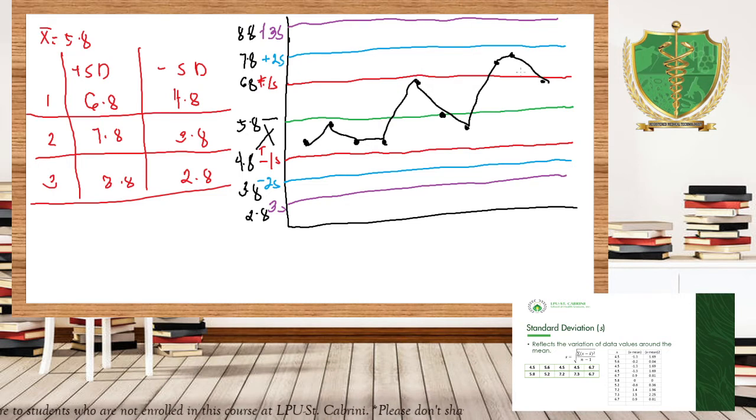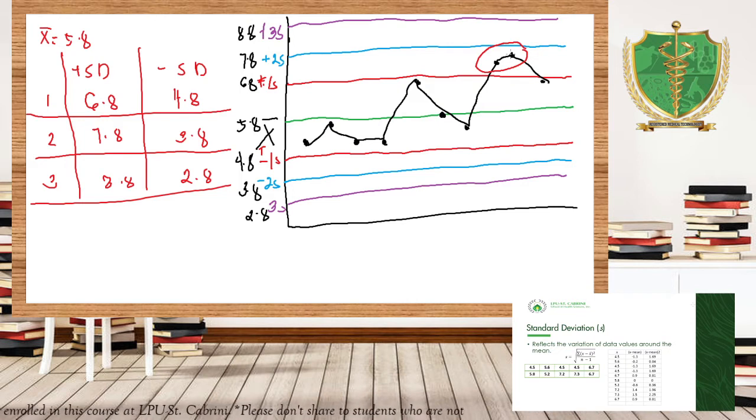Okay, so we can say that we have here a violation of 1S. No? So we have here two values outside 1 SD.